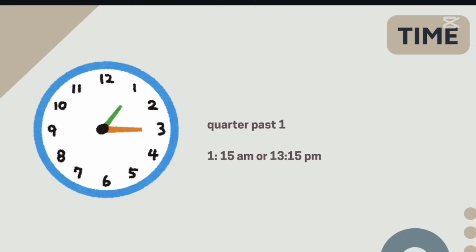So this time it's a different time. It shows us here now that the short hands is pointing on number 1, while the long hands of the clock is pointing on number 3. So if we're going to read the time given to us, it says here that the time is 1:15 a.m. or 13:15 p.m. if it's in the afternoon.